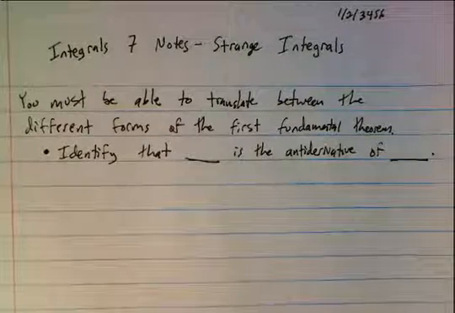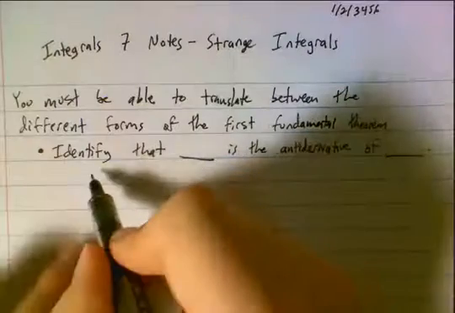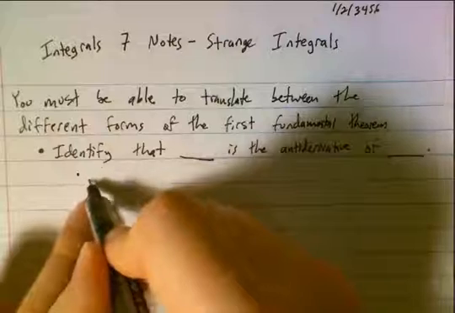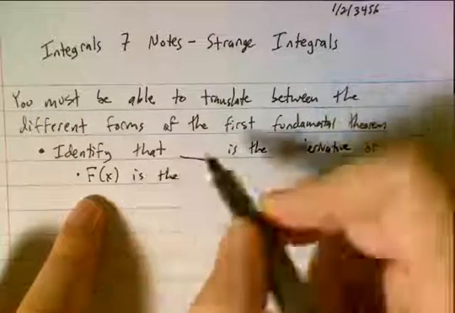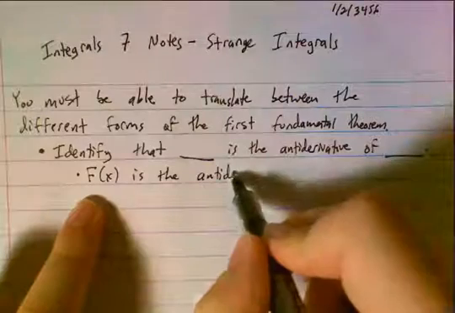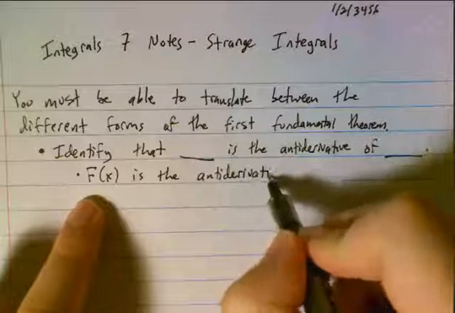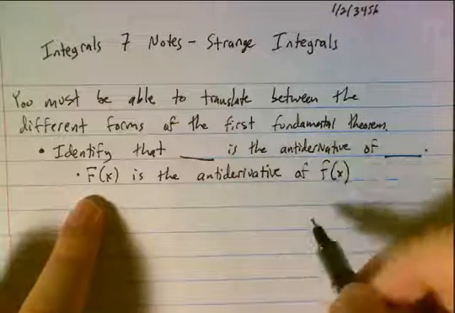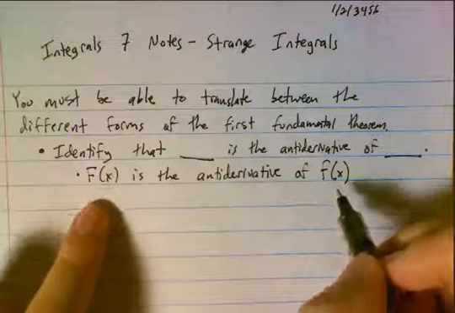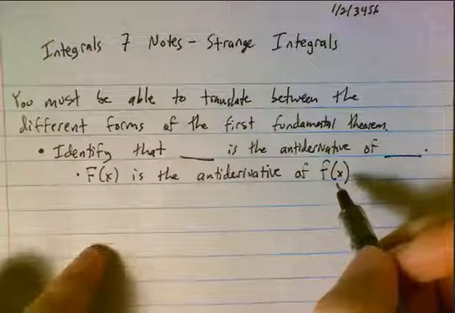And this can be told to you in several different ways. One, it can just be directly stated. Capital F of x is the antiderivative of lowercase f of x.